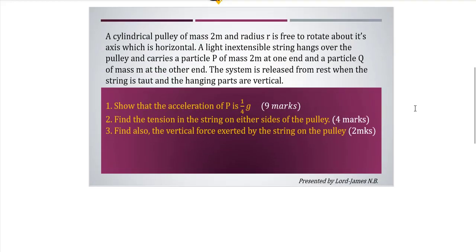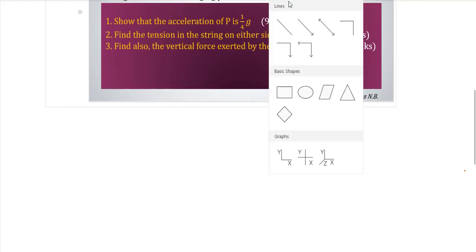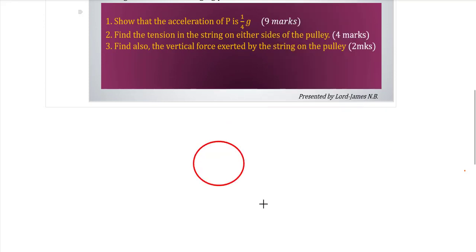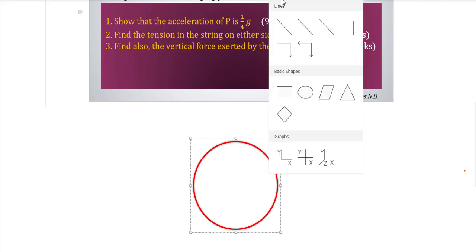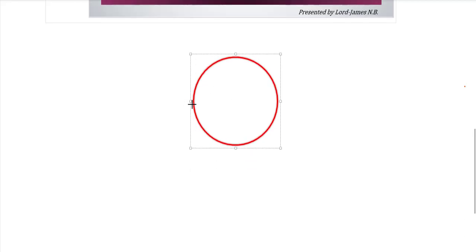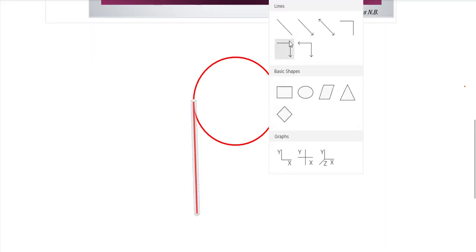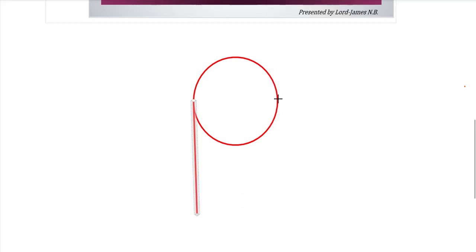Okay, so let's draw the equivalent diagram to represent the system. So let's draw a pulley. That's a pulley. Now on the next, we attach our ropes. Okay, so now on this, we are going to attach our masses.